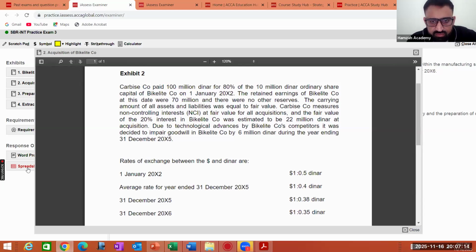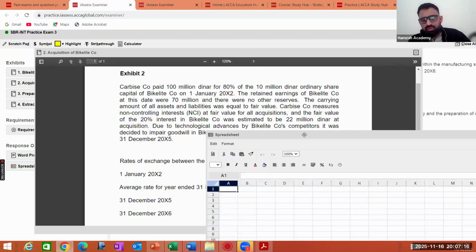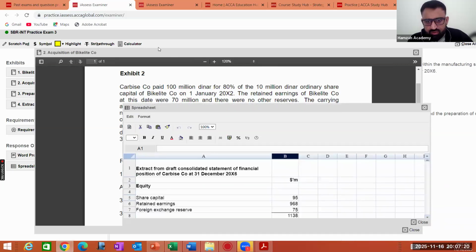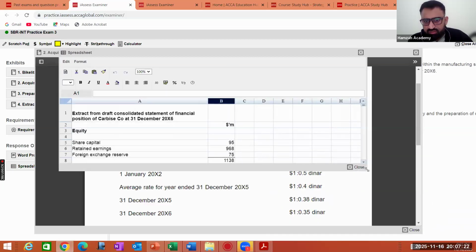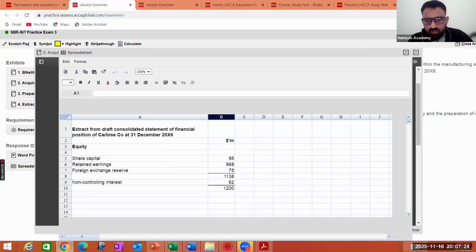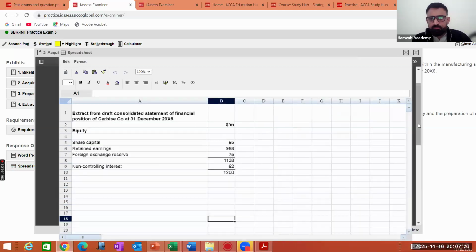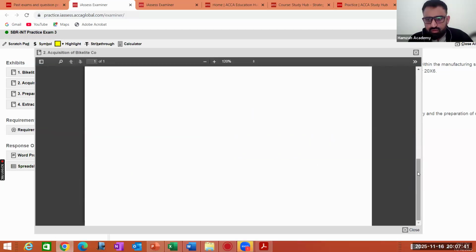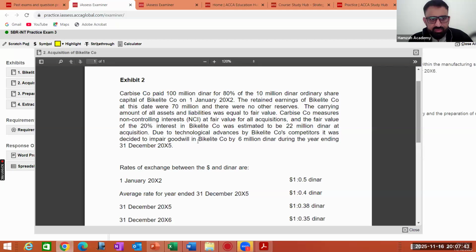Now we need to calculate the goodwill, and for the purpose of the calculation of the goodwill, we need to use the spreadsheet.